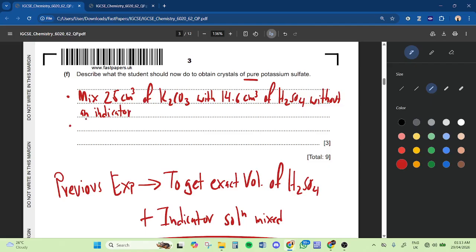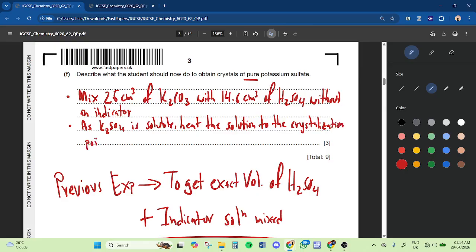Then you're going to mention that as potassium sulfate is soluble, we're going to have to heat the solution to the crystallization point, which basically means to remove the water, because after all, this is soluble.